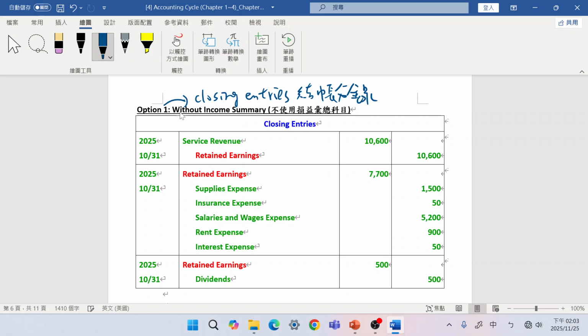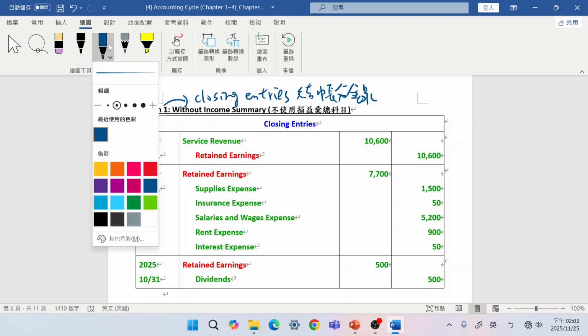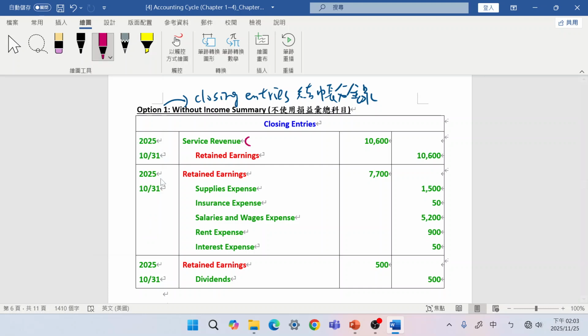So remember, what is our purpose? We make revenue, expenses, dividends become 0, right? How to make it become 0? Put the same amount on the opposite side. So for our revenues, we put the same amount on the opposite side, right?